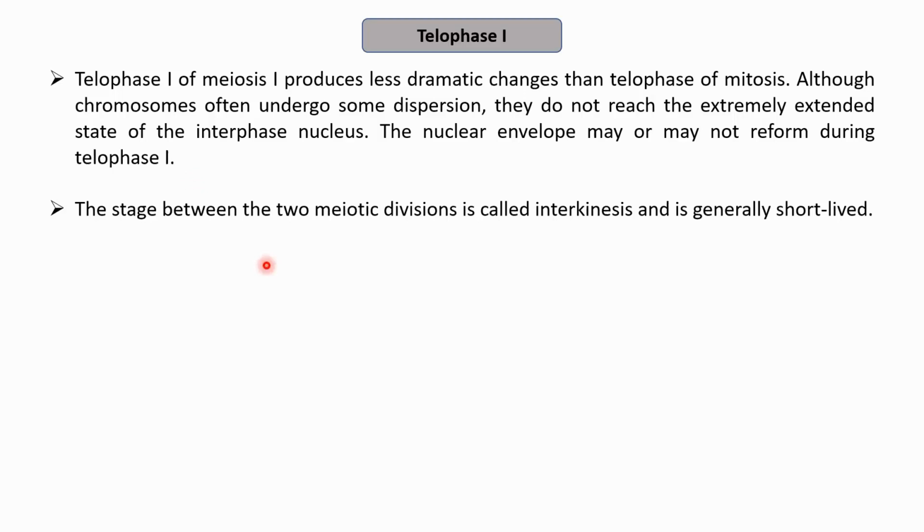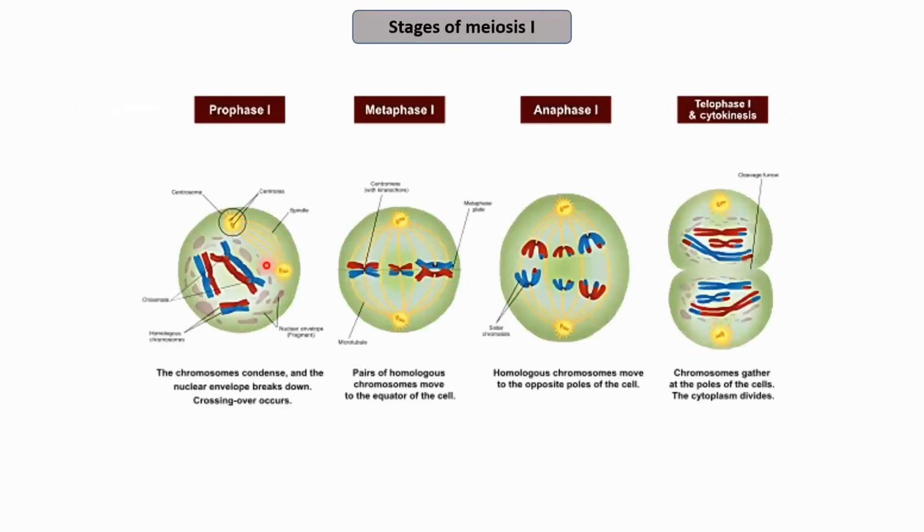Whatever we have studied in the different stages of meiosis 1 is summarized in this figure. Meiosis 1 is divided into prophase 1, metaphase 1, anaphase 1, telophase 1, and cytokinesis. Prophase 1 includes chromosome condensation and nuclear envelope breakdown, and crossing over happens in prophase 1.